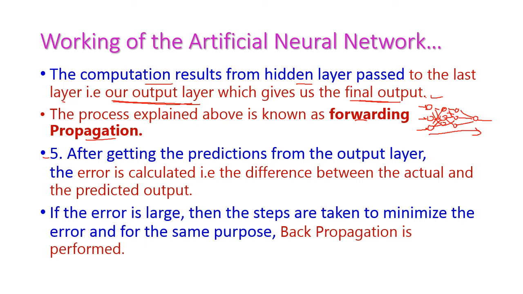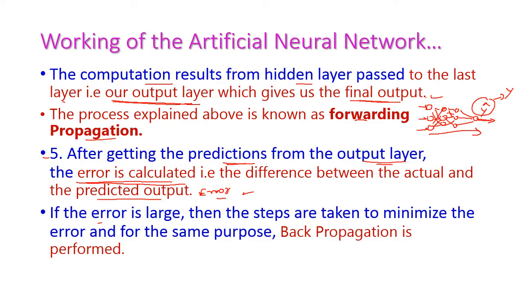After getting the prediction, that is the predicted output from the output layer, the error is calculated. First we need to compute the output. In the first iteration we will get the y hat, and the y hat will be compared with the actual output. The difference between the actual and predicted output is called error.